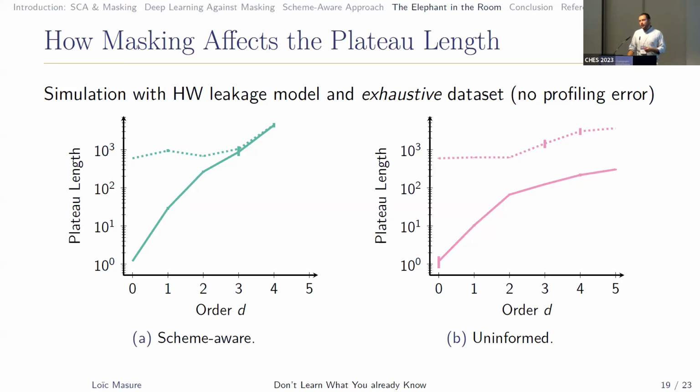Well, first we ran some simulations, in a simulated framework where we assume each share to leak the Hamming weight. It is noise-free. We are in a simulation framework because in such a case, we are able to generate the overall leakage distribution without having to generate the overall distribution of the shares, which spares a lot of data.